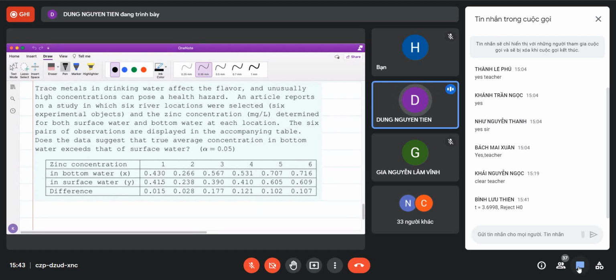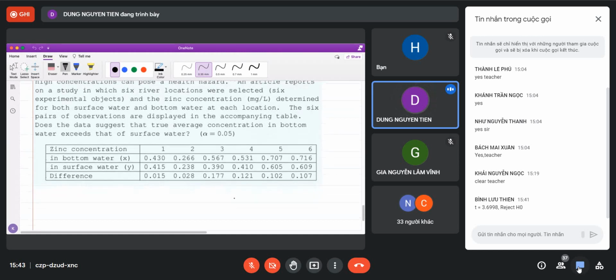0.430 minus 0.415 is 0.015, and so you get the last row. And you want to test the hypothesis that the true average concentration in bottom water is greater than that of the surface water. So this is mu1 and this is mu2. You expect mu1 to be greater than mu2. That is what you expect.